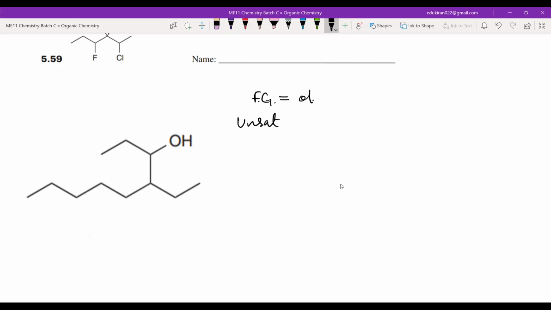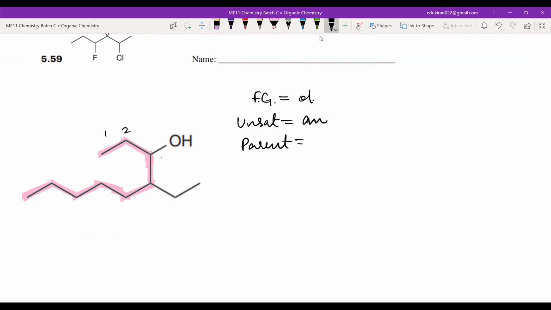Unsat. AN. Then the parent. This one. Yes, sir. Let us also do the numbering now. Where should I start numbering from? A or B? A. A, very good.